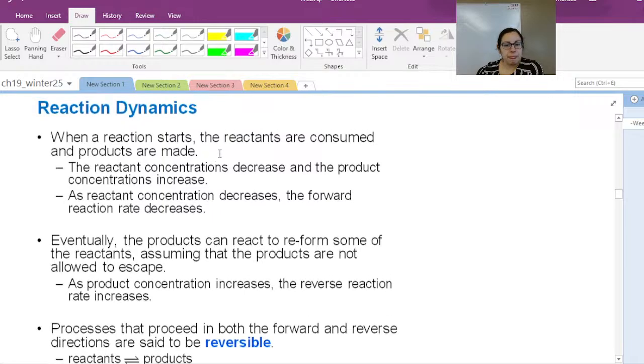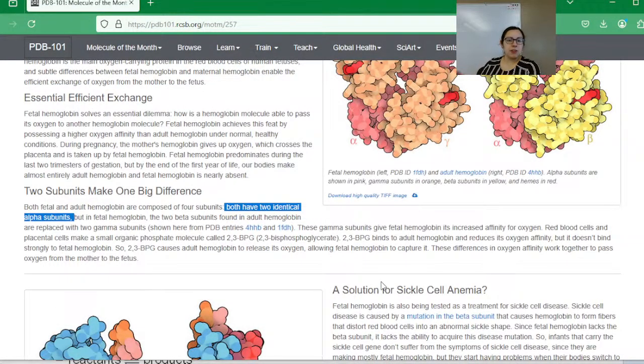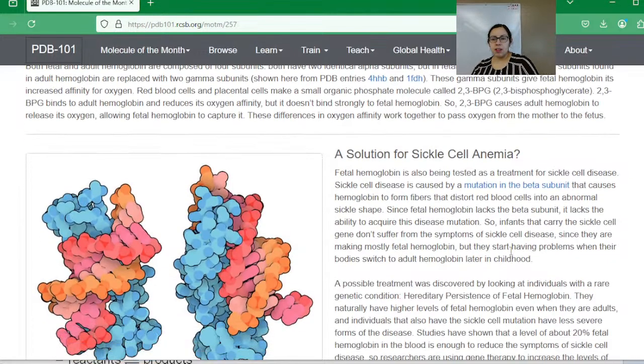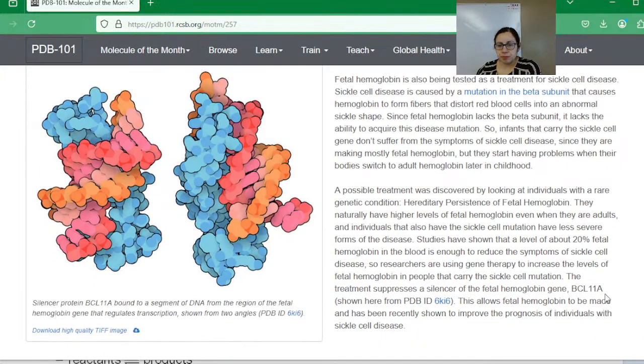And if we go back to this page here, it was interesting because it mentions some other extensions for this. Apparently there's a phenomenon where some adults have higher levels of fetal hemoglobin.